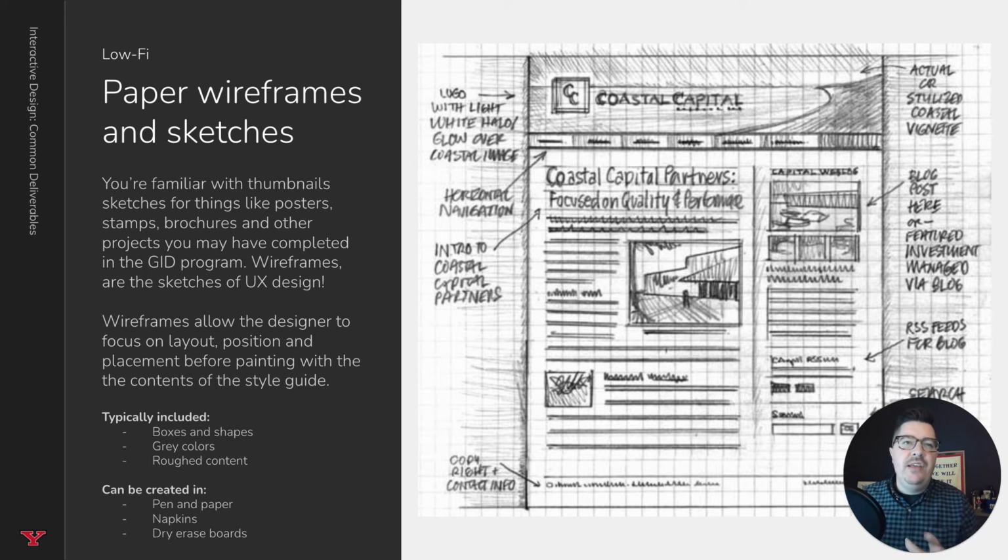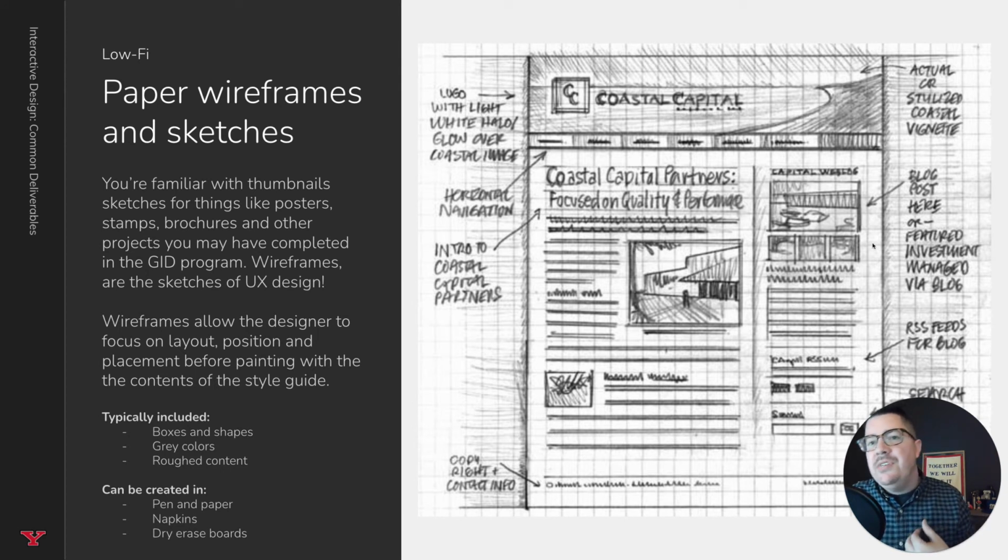But what I love about this is that in this state, we don't know what the navigation is. You can see it's just lines there, but the designer has noted that this will be a horizontal navigation. You can see that there's no real idea of what this content's going to be, but we know basically how it's going to lay out structurally. And one of the important things with wireframes is that they include annotations. Annotations, if you've never heard that before, are really just these arrows and some explanation as to what you might expect.